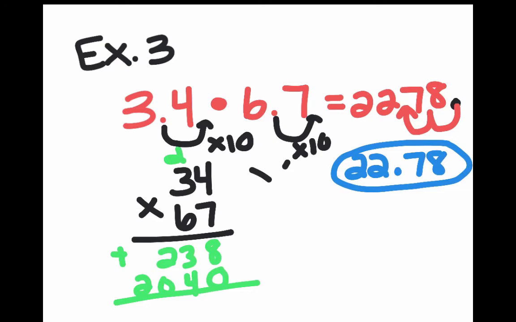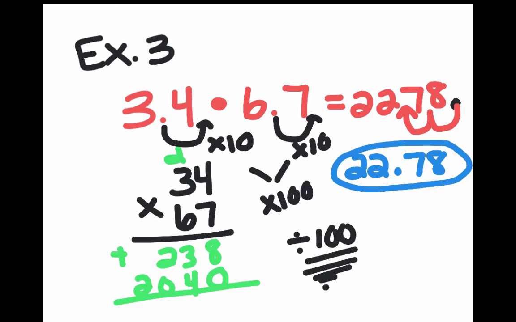Altogether, we multiplied by 100 to make this beautiful multiplication problem right here, to make multiplying decimals easier. If we multiplied by 100 to make a different problem, yet still helpful, then we need to divide by 100 to get our final product.